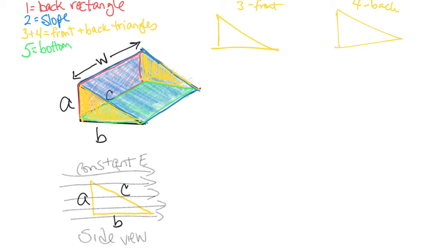Again, for reference, our electric field is coming this way for both of them. That's an A, that's a B, that's a C. If this triangle is my area, what is my area vector?